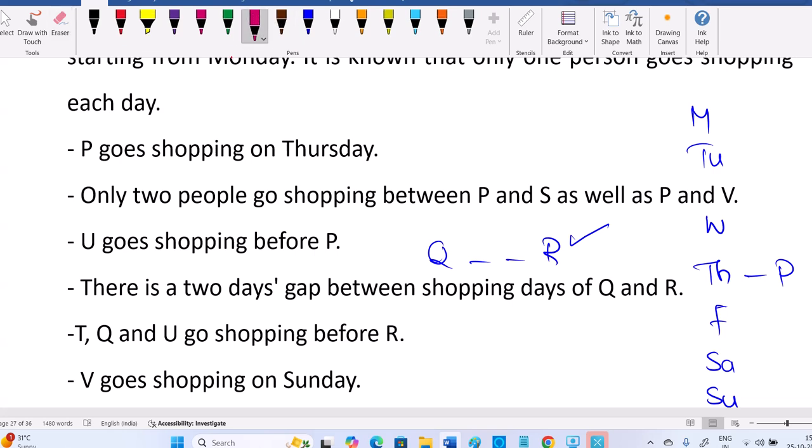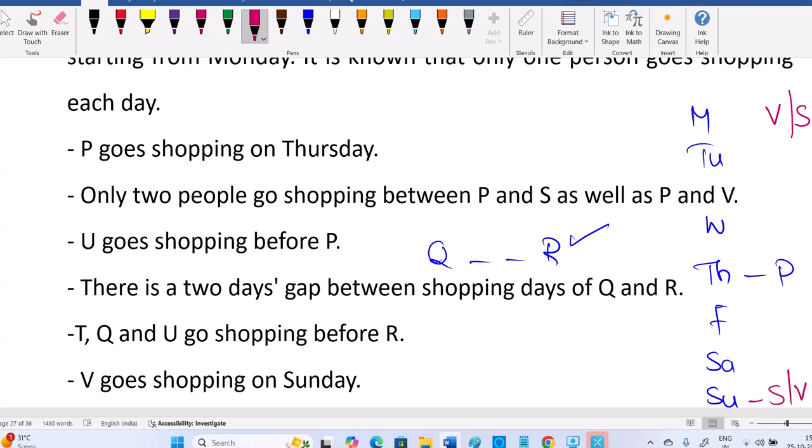Fine. So R is the one which is playing the role. Only two people do shopping between P and S as well as between P and V. So two people between P and S and between P and V. Right, only two people. So it can be V here or S here, or S here or V here.